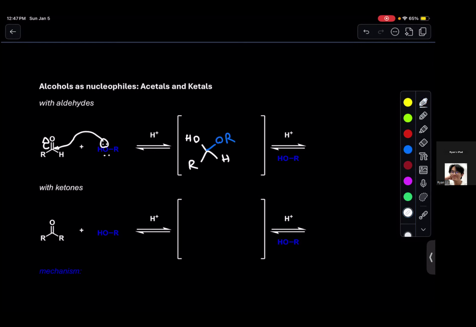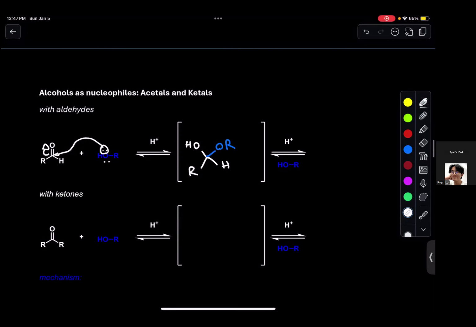If you don't know how to do proton transfers right now or are confused as to where the hydrogens are going, I recommend you go back and figure out how to do proton transfers ASAP. And if you add another equivalent of an R group attached to an OH, you can end up with a full acetal.